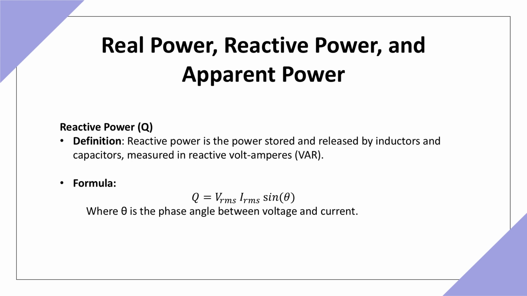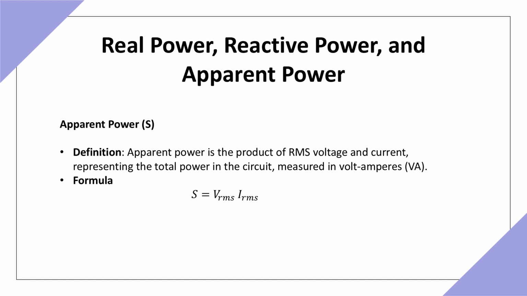Formula: Q equals V RMS times I RMS times sine theta. Apparent power, the total power in the circuit, calculated as S equals V RMS times I RMS, measured in VA. Understanding these components helps us analyze energy usage and efficiency in electrical systems.